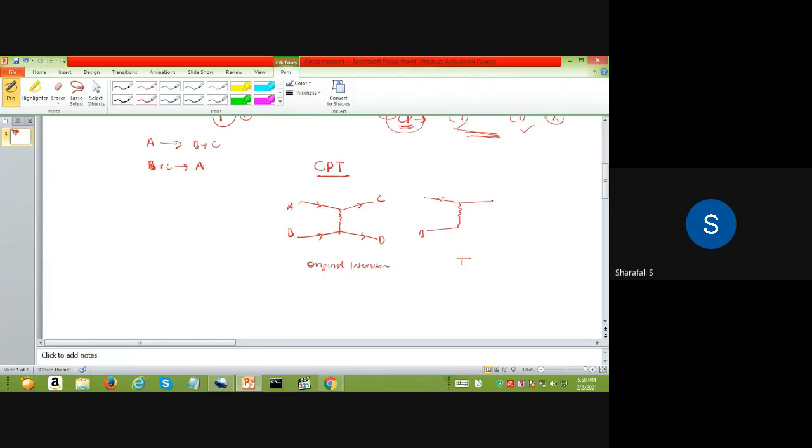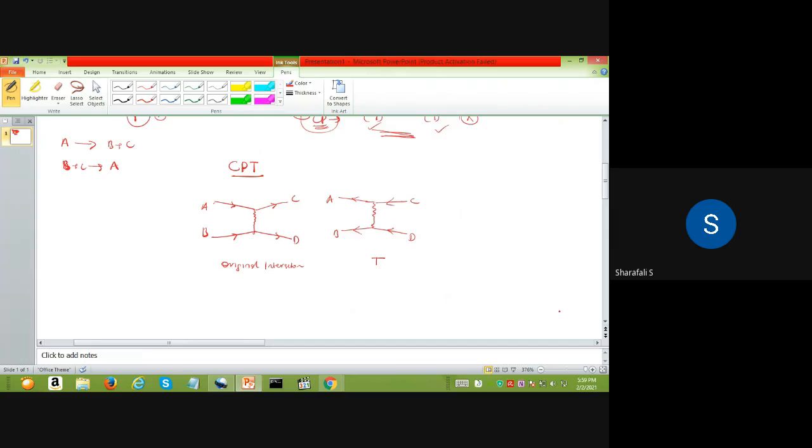Initially C and D particles are interacting, and they produce A and B. When you apply charge conjugation to the original interaction, it will give you A bar here and B bar here.